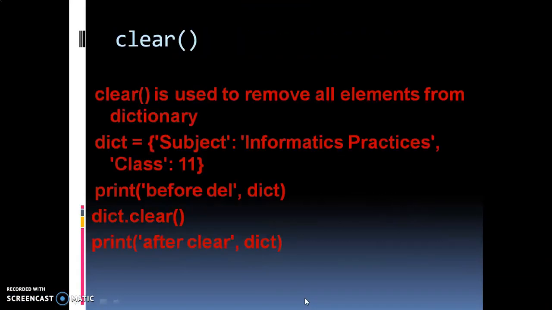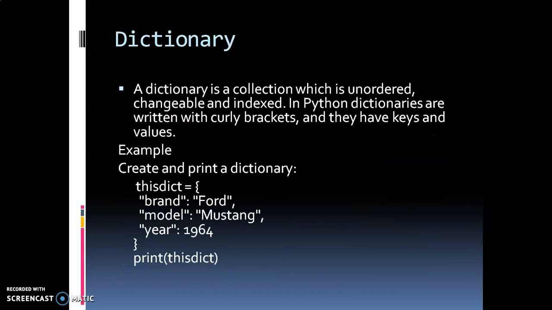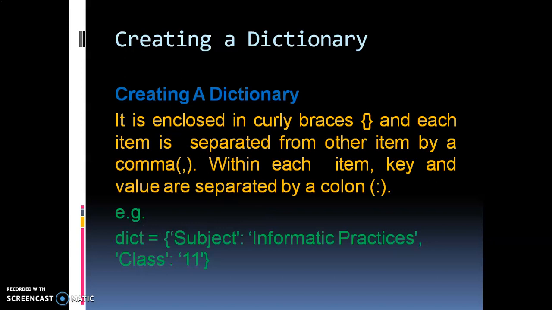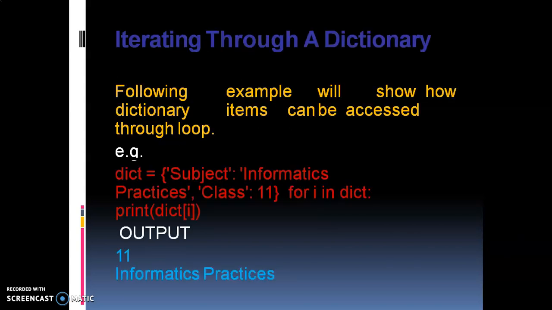Okay, these are the built-in functions. So today what we have studied is how to delete. Now let us recap about the dictionary. What is a dictionary? A dictionary is changeable and indexed. Creating a dictionary, dict subject like this in curly braces we can create. Now with the get method, we can access the elements, right?